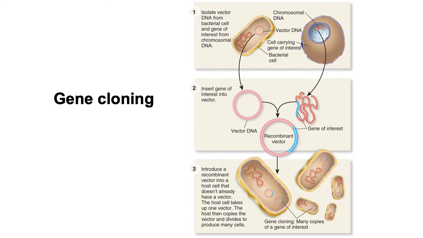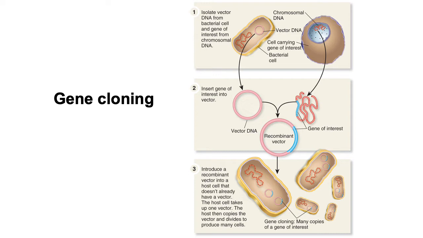These vectors carry the DNA into a cell, and they can actually replicate inside that cell. If we're going to make lots of copies of a gene, or that gene's going to make lots of protein, we need that DNA to be replicated in cells. And so plasmids are a classic vector. We can also use viruses as a vector because they replicate in cells as well.